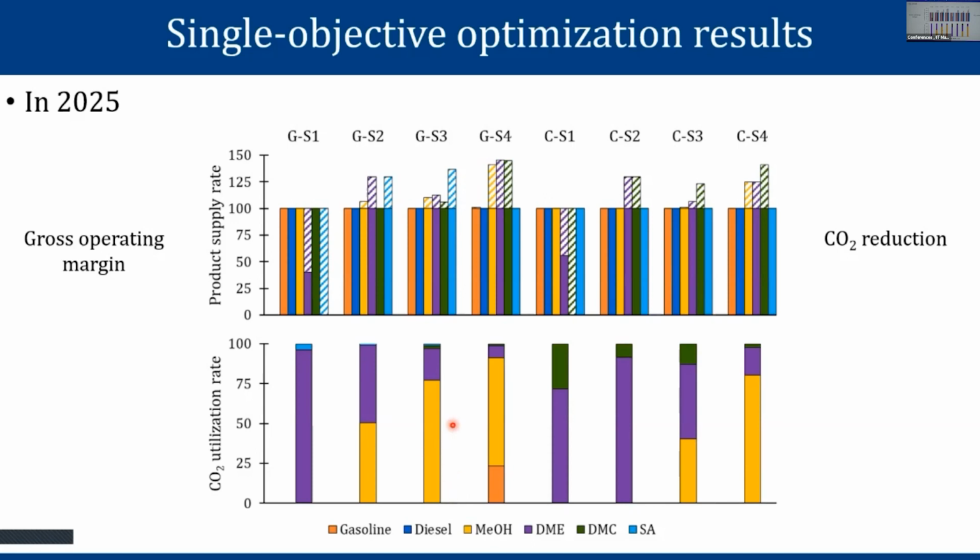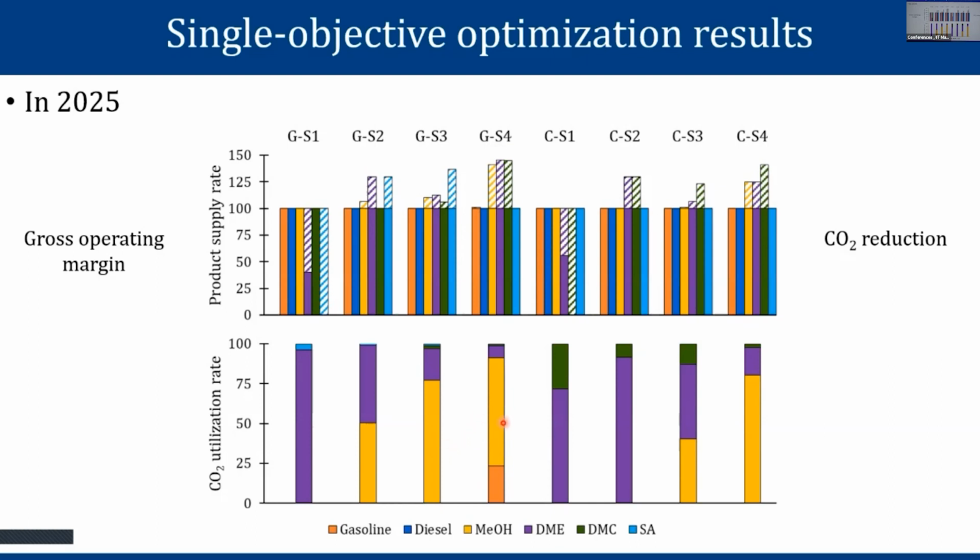Also, as we increase the scale of the CCU industry, as we go from the scenario 3 to scenario 4, we increase the scale of the CCU industry by tenfold. And we can see that methanol is even more important in terms of the CO2 reduction potential.